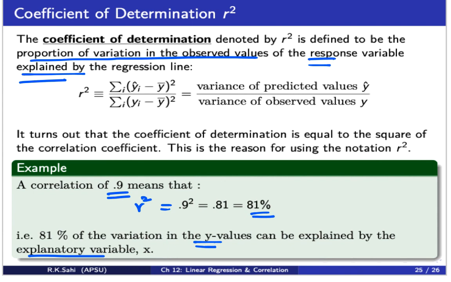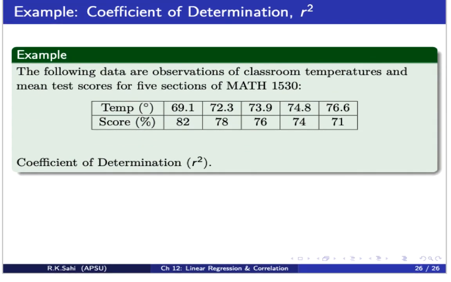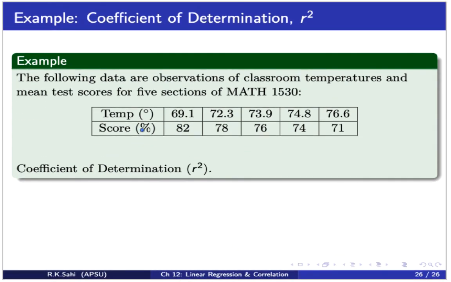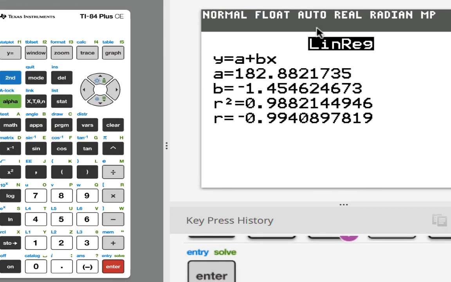Okay, so going back to the problem we just did earlier, we'd like to know what the coefficient of determination is. These are the observations of classroom temperatures and mean test scores for 5 sections. And if you remember, I told you to keep that handy when we were doing this problem a few minutes ago.